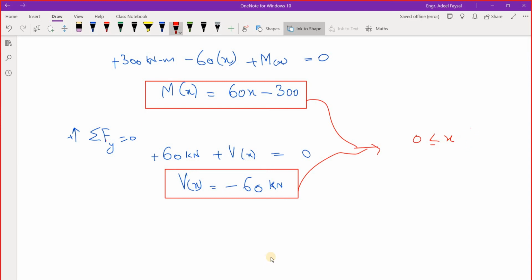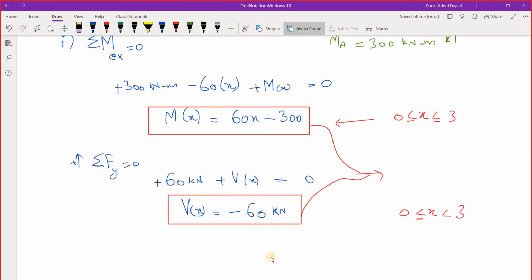Maybe I can say between 0 and 3 with 0 included but 3 not included. Or if you want to say, for this case, 0 and 3 both are included, but in this case 0 is included but 3 is not, because we have cut the section. Better to say like this, for both of them.